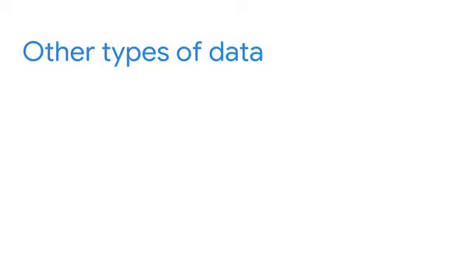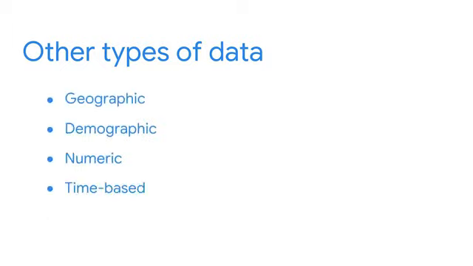For third-party data, you'll likely have to reach out to a separate organization. You'll also be familiar with different types of data, like geographic, demographic, numeric, time-based, financial, and qualitative data. Your job as a data professional will require that you understand and work with all these types of data.